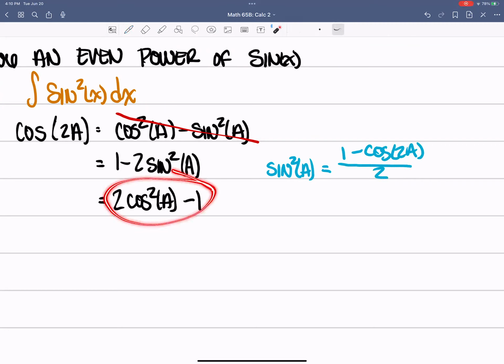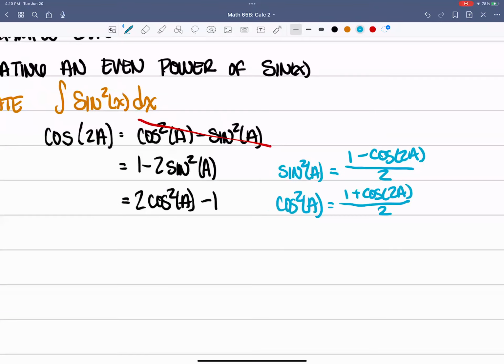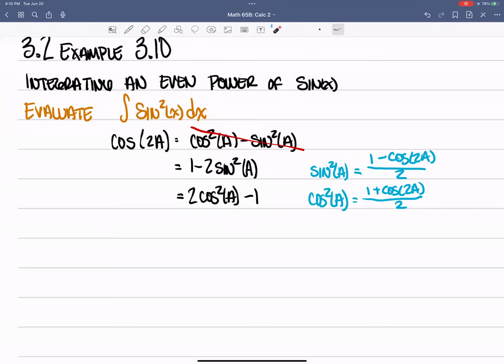And if we do the same thing here, cosine squared a is going to be equal to 1 plus cosine of 2a over 2. With that said, we could actually substitute that in for this right here.